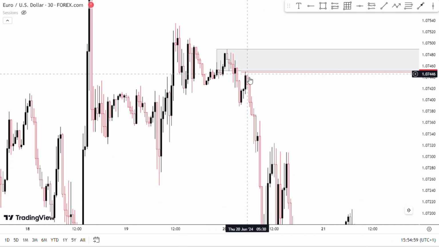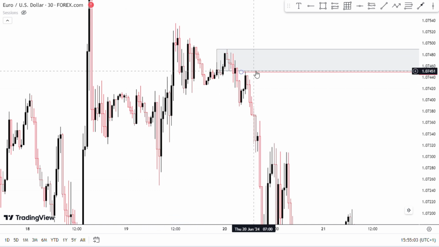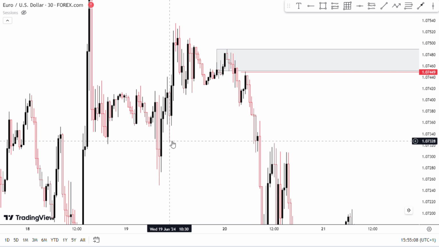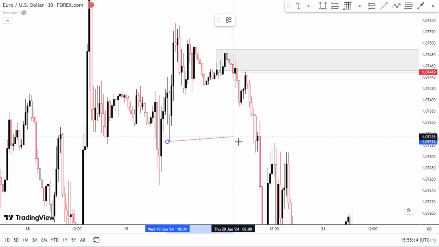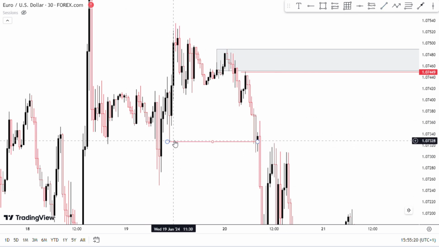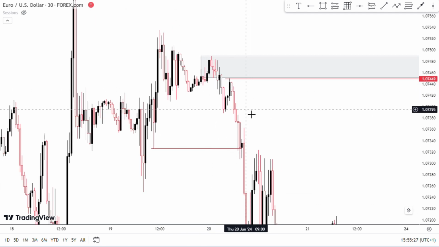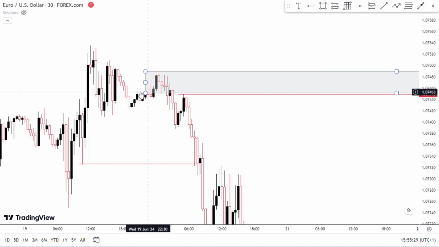From this high to this low, you end up breaking only one low here, only this particular low. So price broke only this particular low, making this order block or supply zone not a real order block. So price is probably going to respect the order block above it.